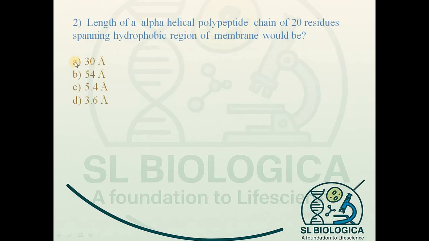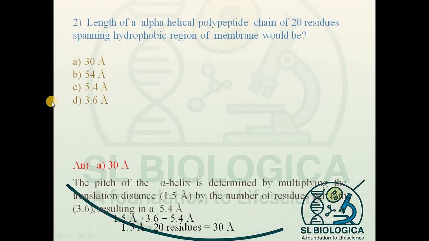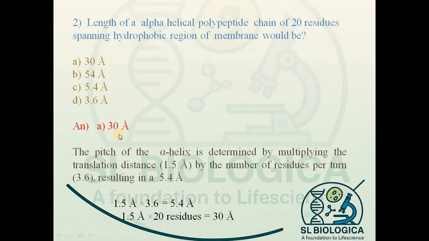Options: A 30 angstrom, angstrom meaning 10 raised to minus 10 meter. 1 angstrom is equivalent to 10 raised to minus 10 meter. B 54 angstrom, C 5.4 angstrom, D 3.6 angstrom. So answer is 30 angstrom.